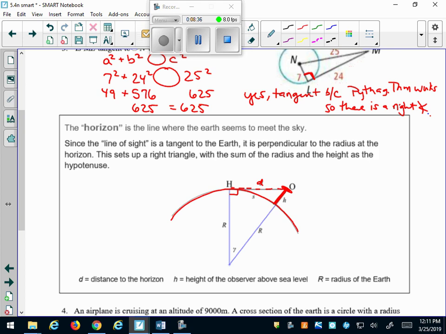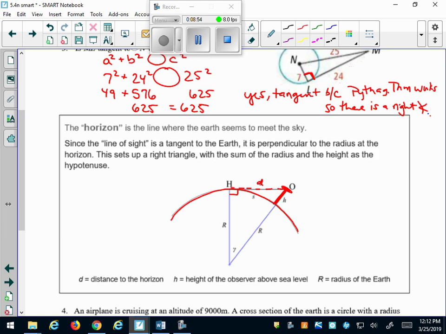So it's a tangent line, right? So it's creating this right angle. All you need to know is the radius of the Earth. And you can figure out how far it is to that point on the horizon.